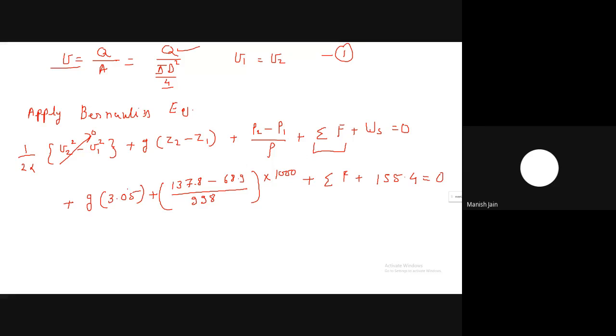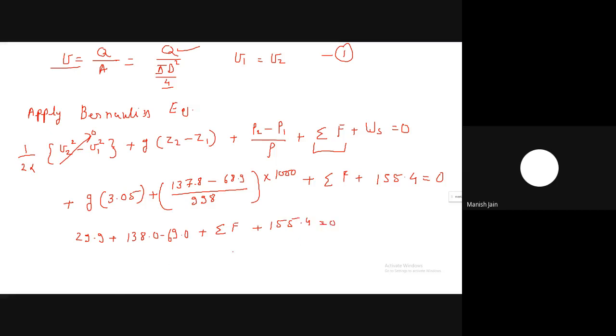So G is 9.8, so it will become 29.9 plus this will become 138.0 minus 69.0 plus sigma f plus 155.4 equal to 0.